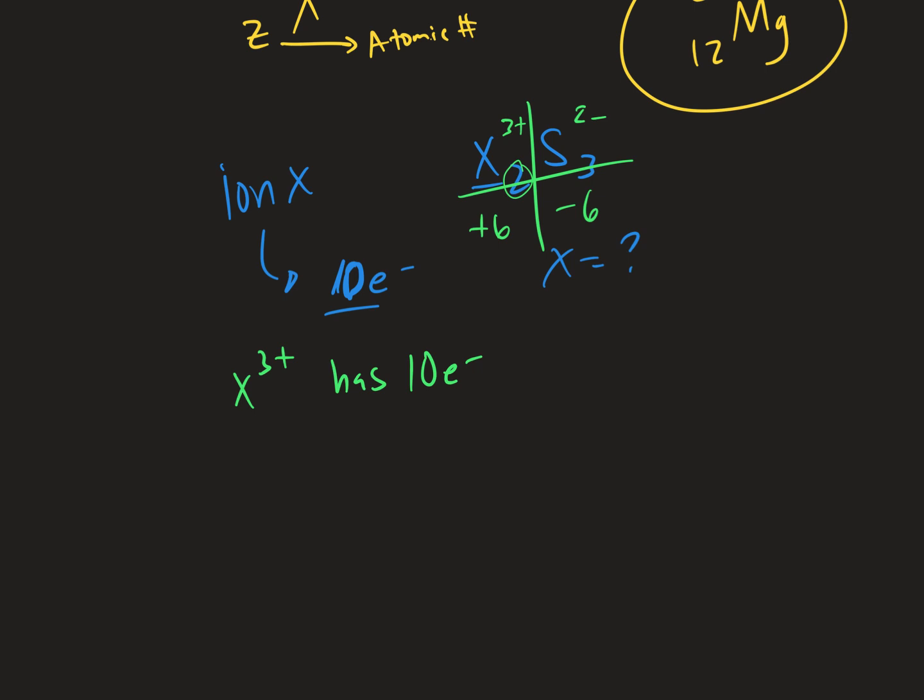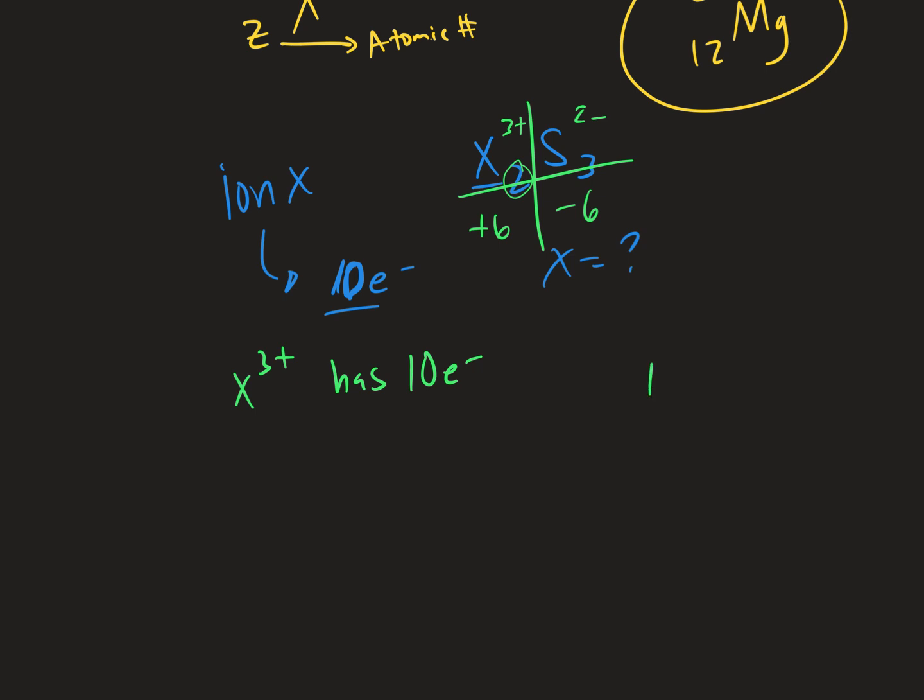How many did it have before it became an ion? Cations lose electrons. How many did it lose? 3, right? Because it's 3 plus. How many did it have before it lost 3? It has 10 after it lost 3, so 13. And before it lost 3, it was neutral.